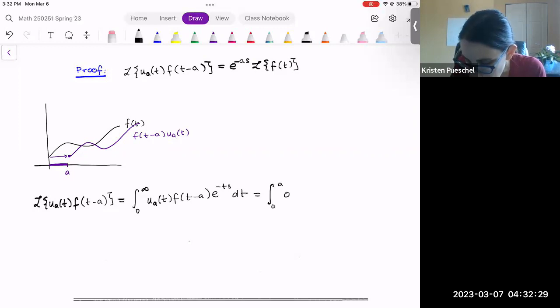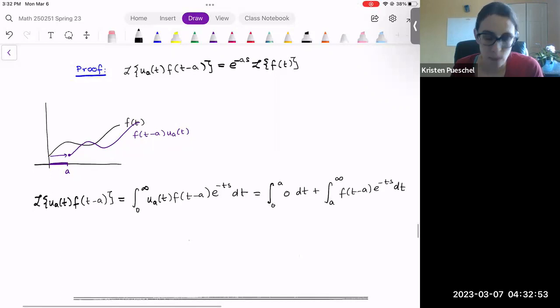Our integral there is just equal to 0. So this is just the integral from a to infinity of f of t minus a times e to the negative ts dt. Remember that u_a of t is equal to 1 when t is bigger than a, and equal to 0 when it's less than a, which is why I'm not writing it in this expression at all.